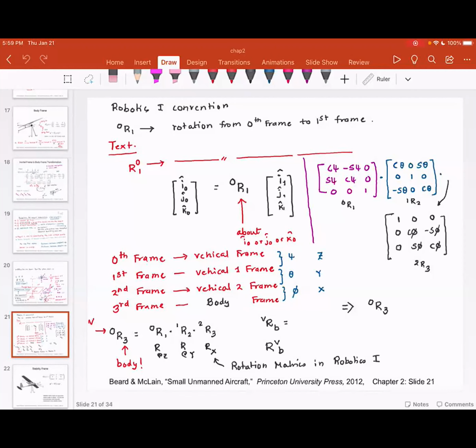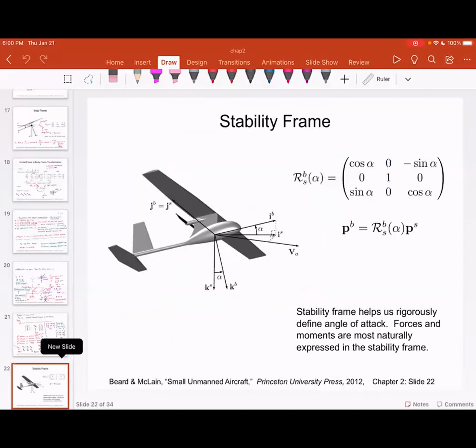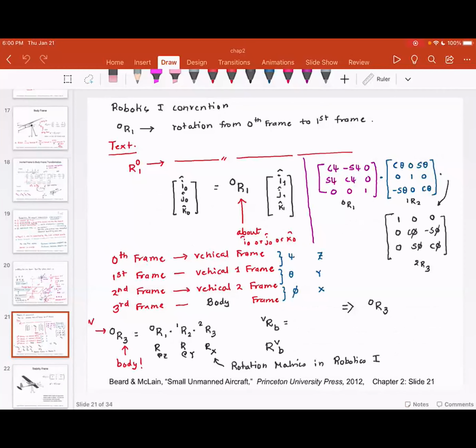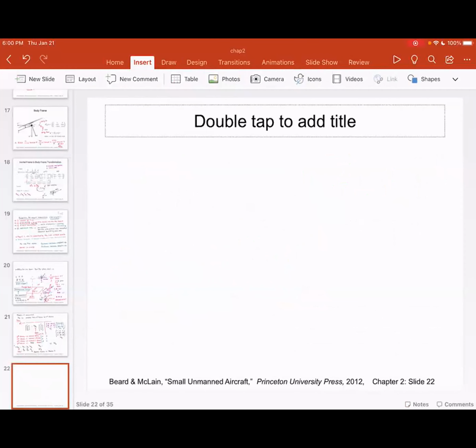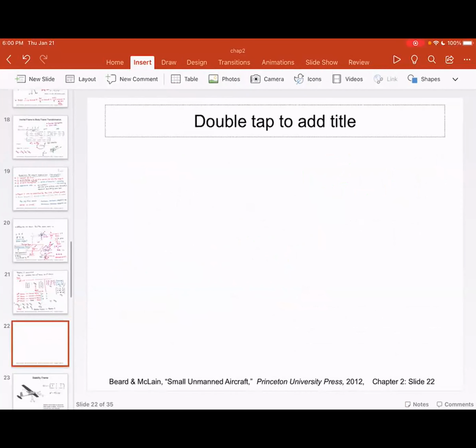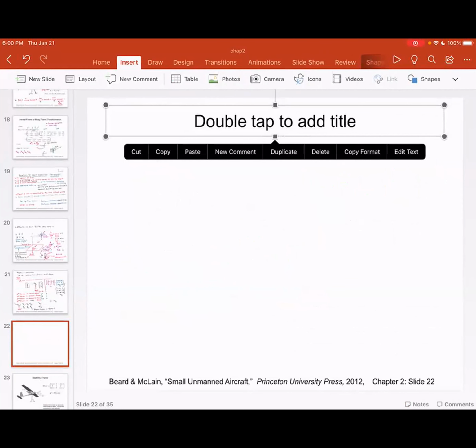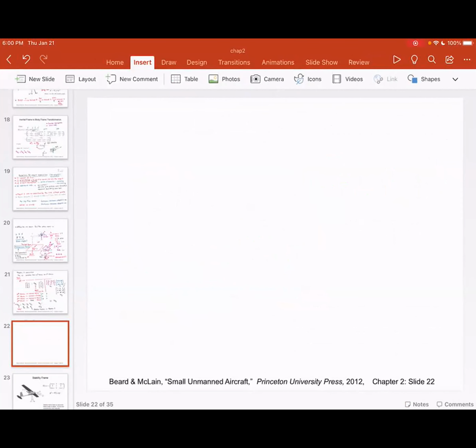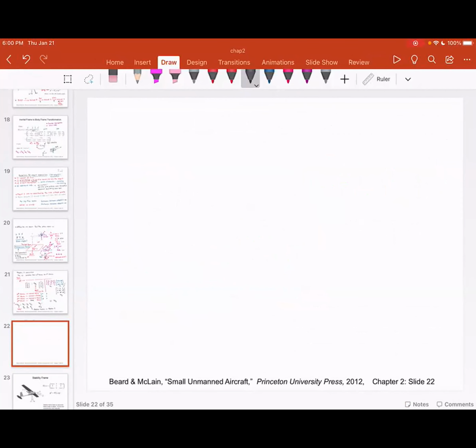Now, in the last class, we talked about the aircraft roll, pitch, and yaw angles, and finally, we reached the body frame. So, if you recollect, we talked about translation from the inertial frame.